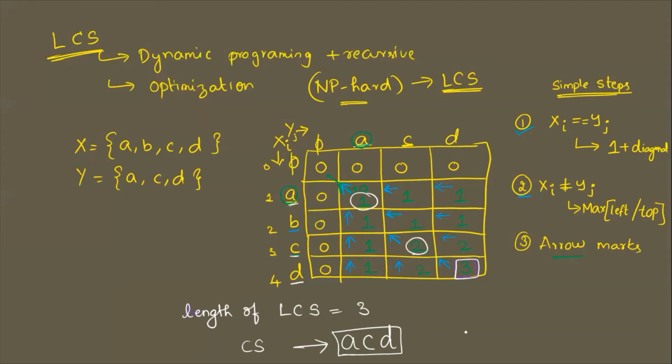Let us say, for example, it could be ACD or ABD. Such conditions will also come in some problems. So don't get worried about that. Just we will be calculating whether this longest LCS, whatever you had given, is fitting into the problem or not. So this is the problem.